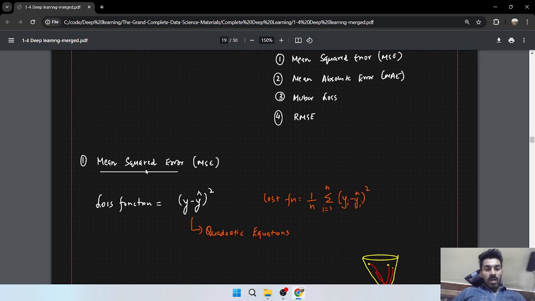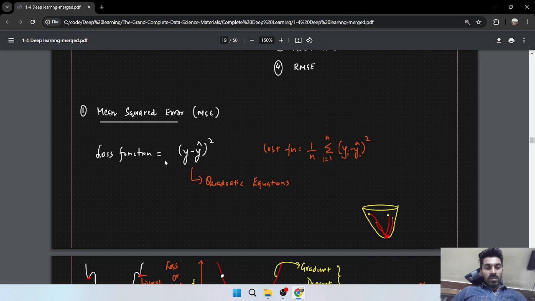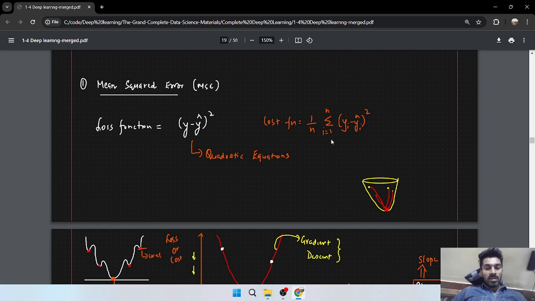Now learn mean squared error. Mean squared error means we take the mean of the error, summation of i equal to 1 to n of y minus y predicted, whole square, where y is the actual value, and take the average of these values.